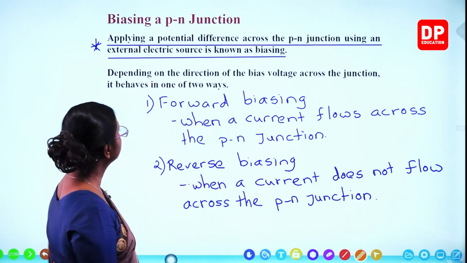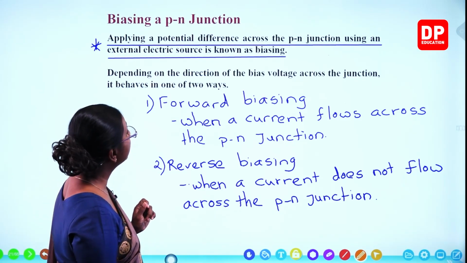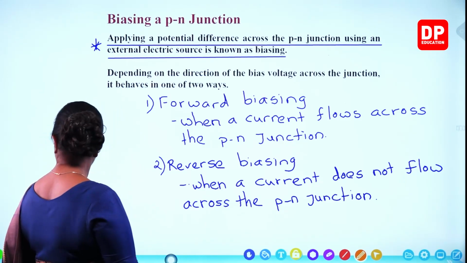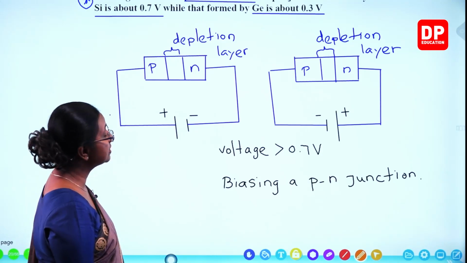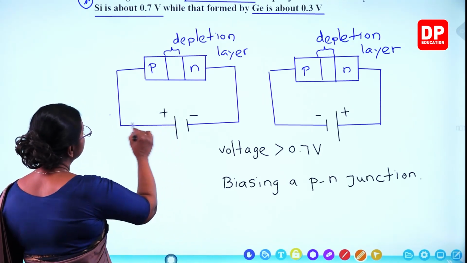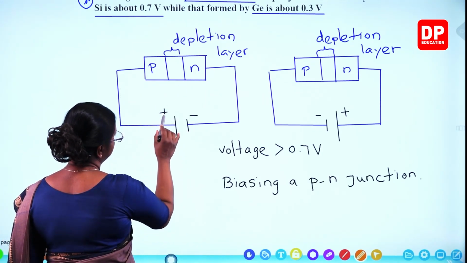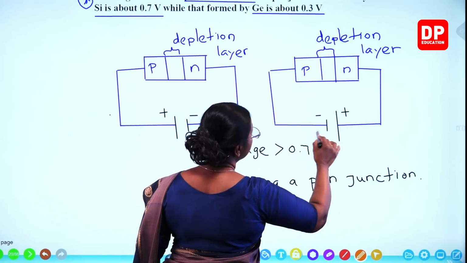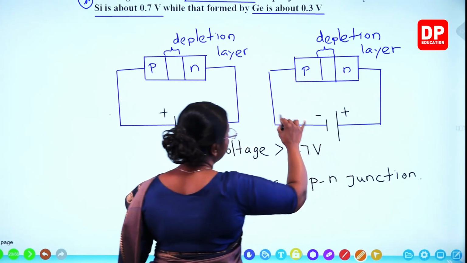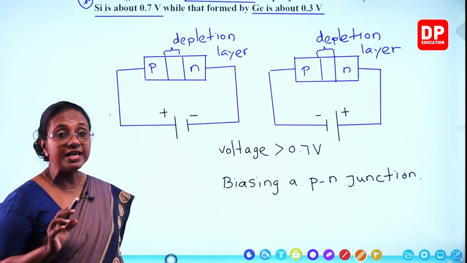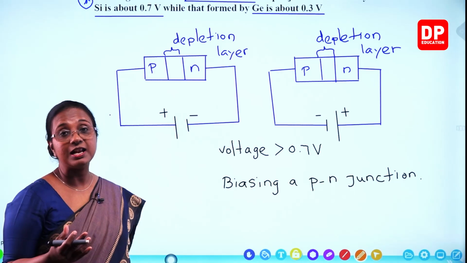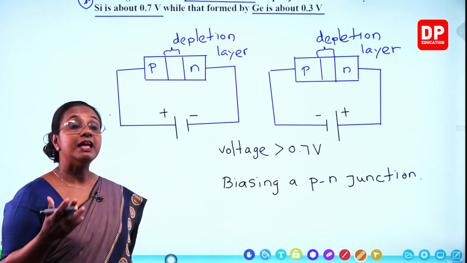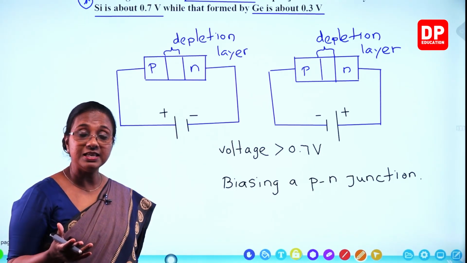So, those are the two ways depending on the direction of the bias voltage, like I showed you all in this previous diagram. Here, the bias voltage is in this direction, positive to negative. Here, the bias voltage is in the opposite direction. So, based on that, one will allow the current to flow through, then we will call it forward biasing.